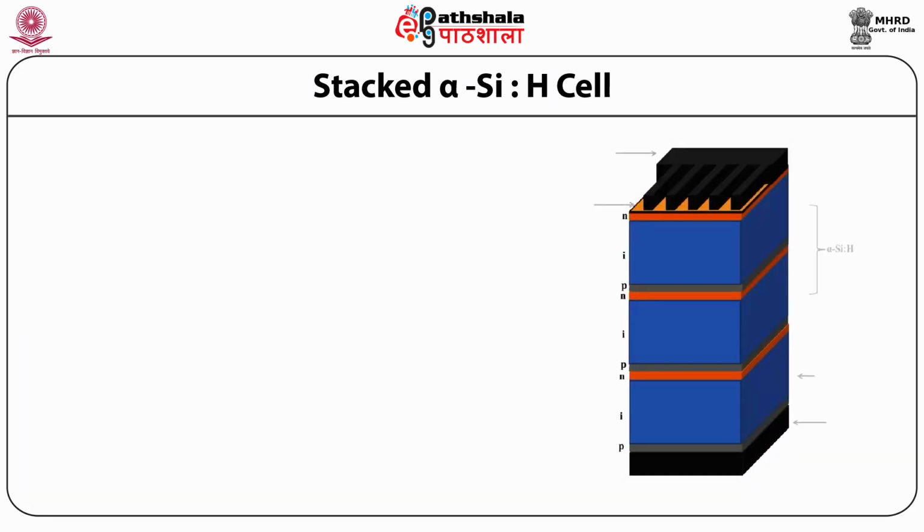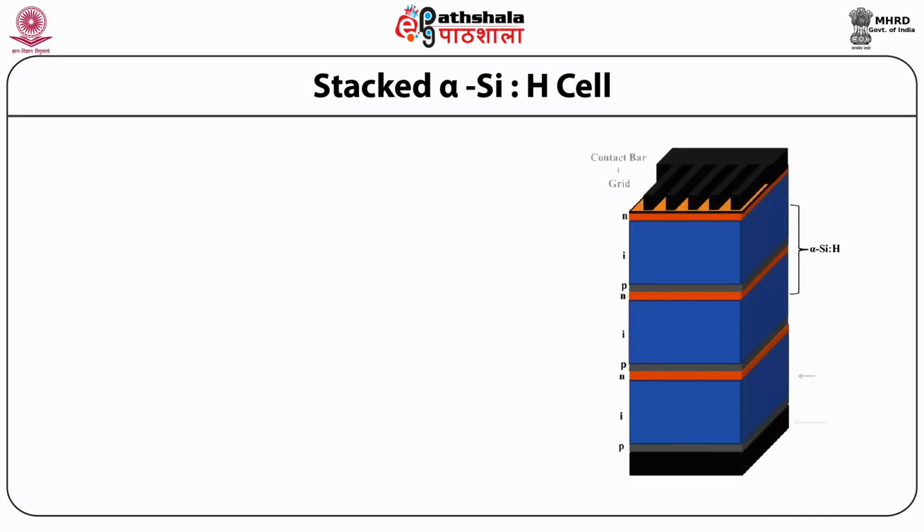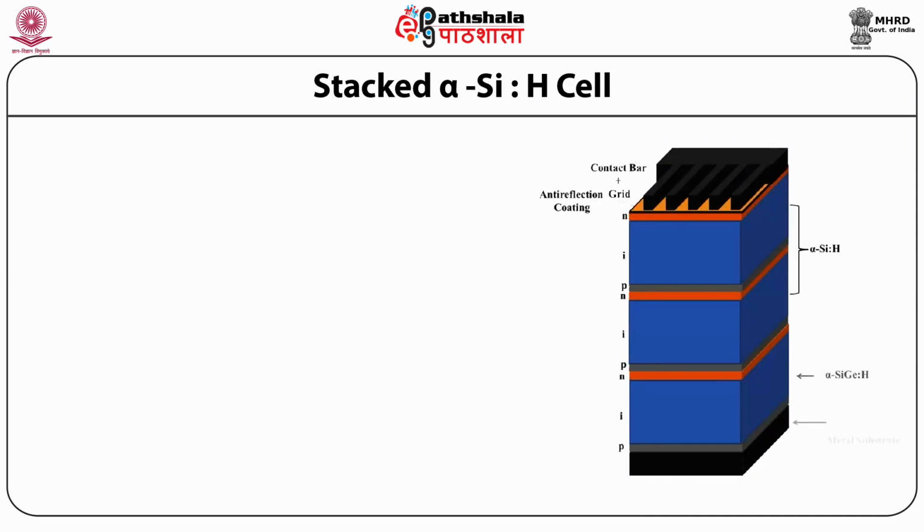Stacked alpha silicon or alpha-Si:H cell. As discussed earlier, in a single junction alpha silicon solar cell, the incident photons with energy less than Eg are not utilized and are wasted as heat, providing low cell efficiency.